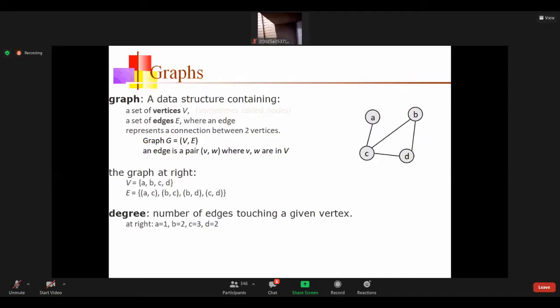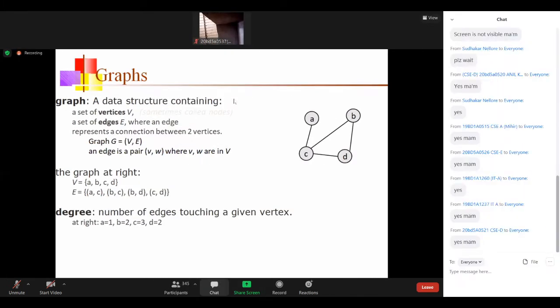Is the screen visible now? Okay, okay, then no issues. Right, right. Thank you all.